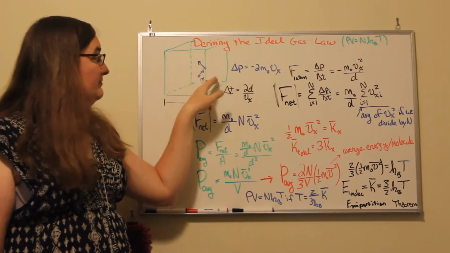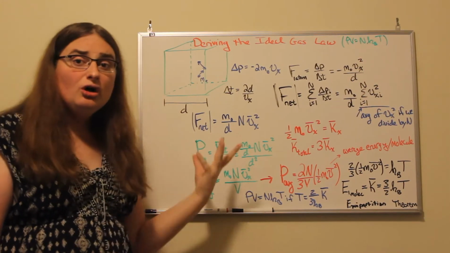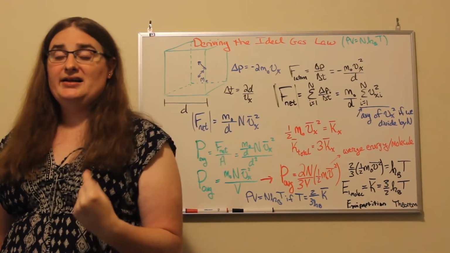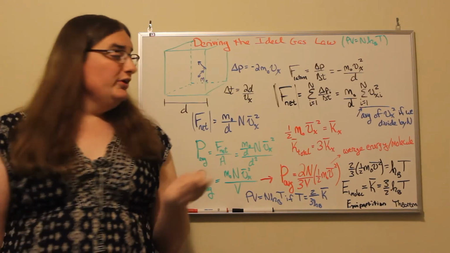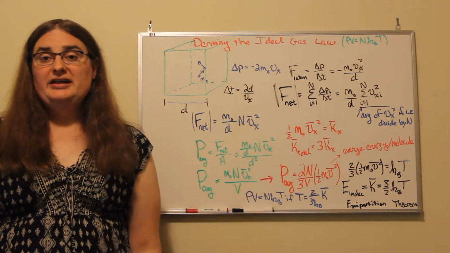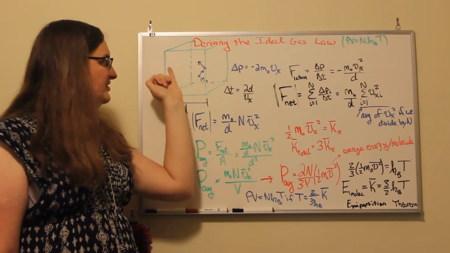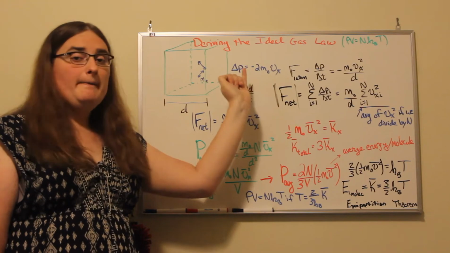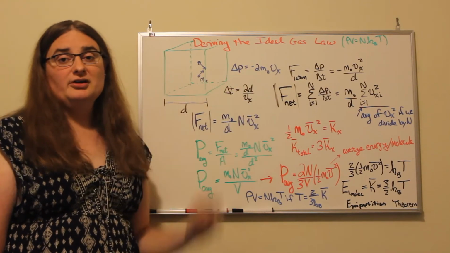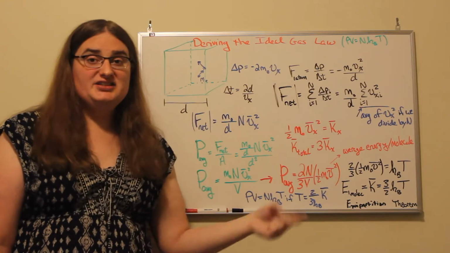Now, the time between collisions would be calculated, since there's no force other than that collision force. We should just say that the speeds would be uniform in all of the directions. So for the average time between collisions, that molecule would have to travel back and forth across our box, which I'm going to say has sides of length d.